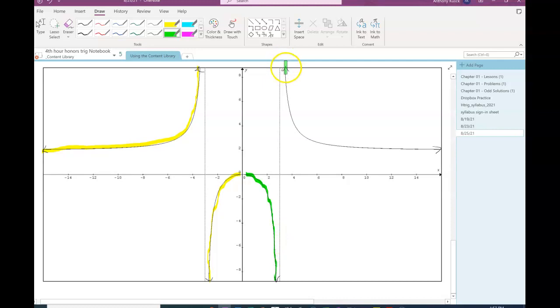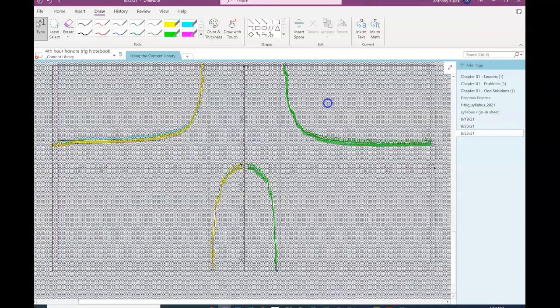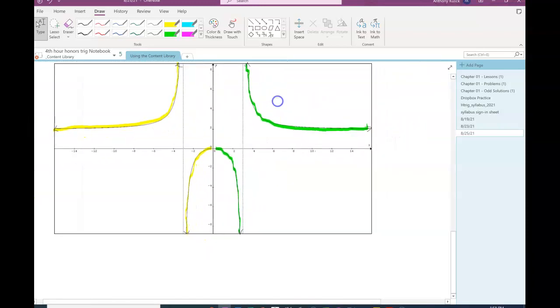And if I move to the next part of my graph, I am also walking downhill the whole time. What do you notice that we never do here? It's never flat, right? There's not a constant part. Cool? All right, so let's write our intervals of increasing and decreasing here.